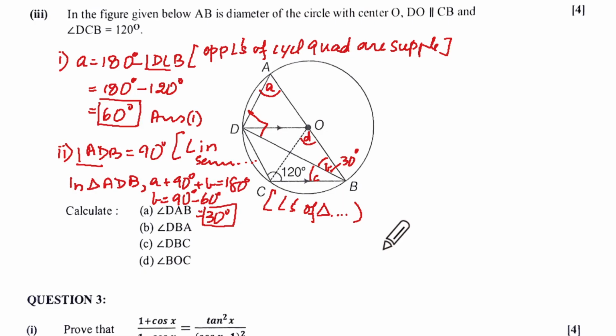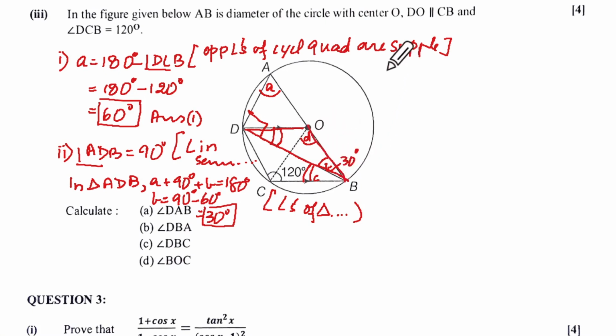Then angle DBC, this one will be equal to this one, correct? I'm just putting a double ring here and a double ring here. Now I have to use the alternate angles. Using the parallel lines I get this, but now I have to look at this triangle. Can you see that?